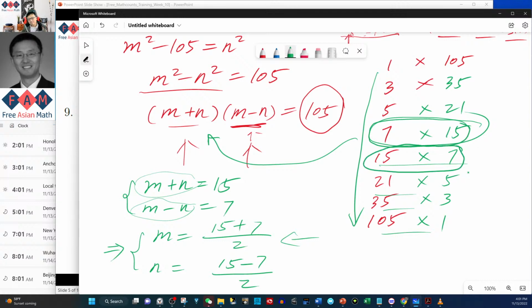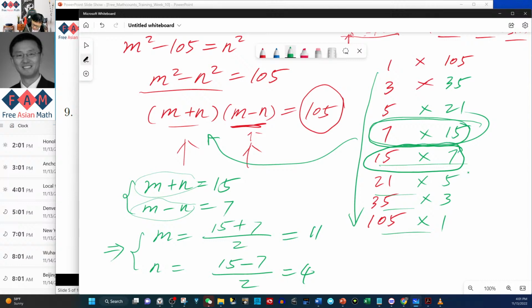Essentially, they give you the same set of 2 numbers, but the m and n relationship is different. Let's take a look at this example. In this example, m equals 22 divided by 2, that's 11. n is 8 divided by 2, that's 4. So m equals 11, n equals 4.